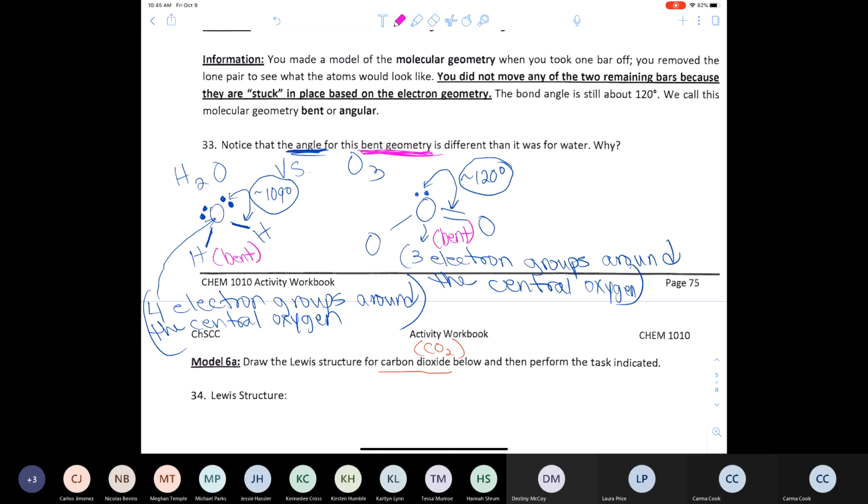And these bond angles are different because of the different number of total electron groups around their respective central oxygens. That's what gives the difference in the bond angles.